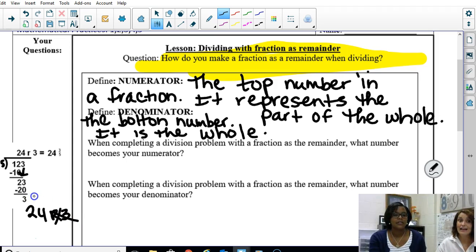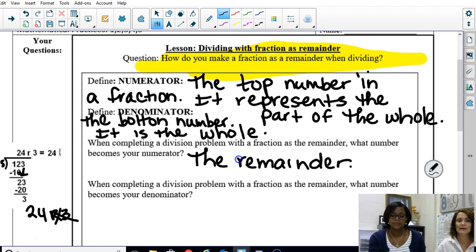So today, we're going to learn that you turn the 3 that's left over into a fraction. So, what number becomes the numerator of your fraction? Well, the remainder becomes the numerator of your fraction. And you can see right here, and I'll show you in a minute, see this 3 right here?